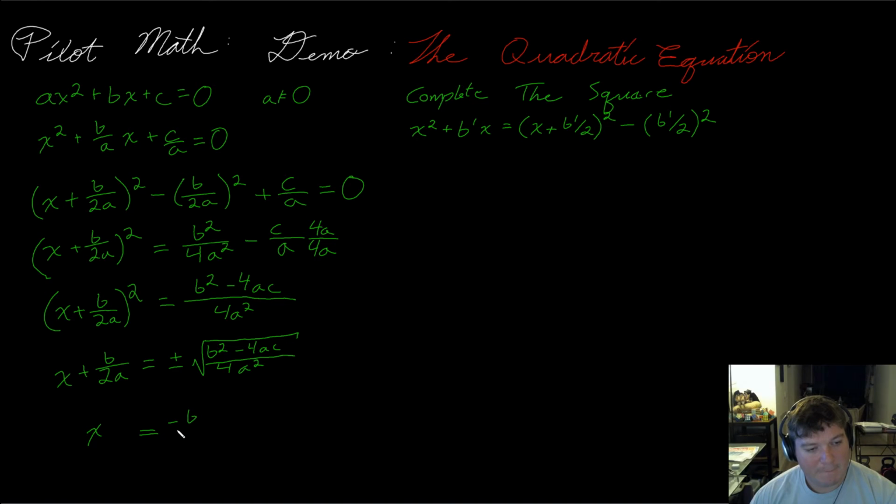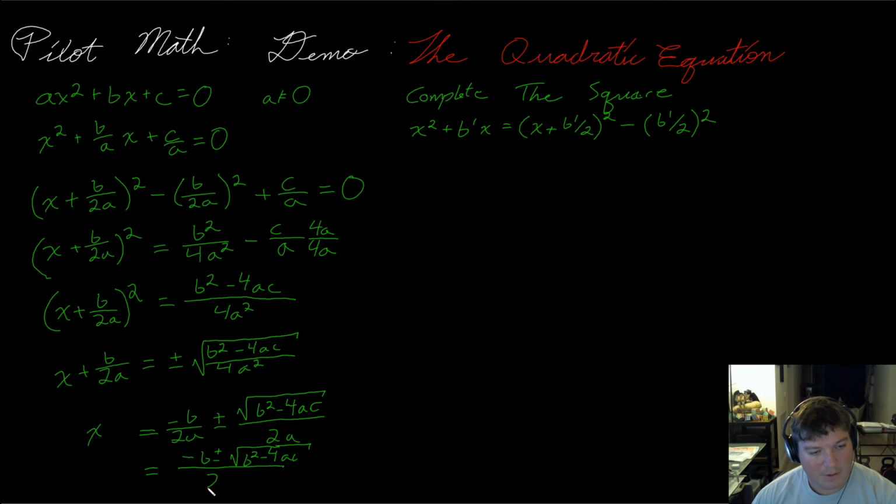So minus b over 2a plus minus radical b squared minus 4ac over 2a. But those have the same denominator, so we can combine that as negative b plus minus the square root of b squared minus 4ac all over 2a.